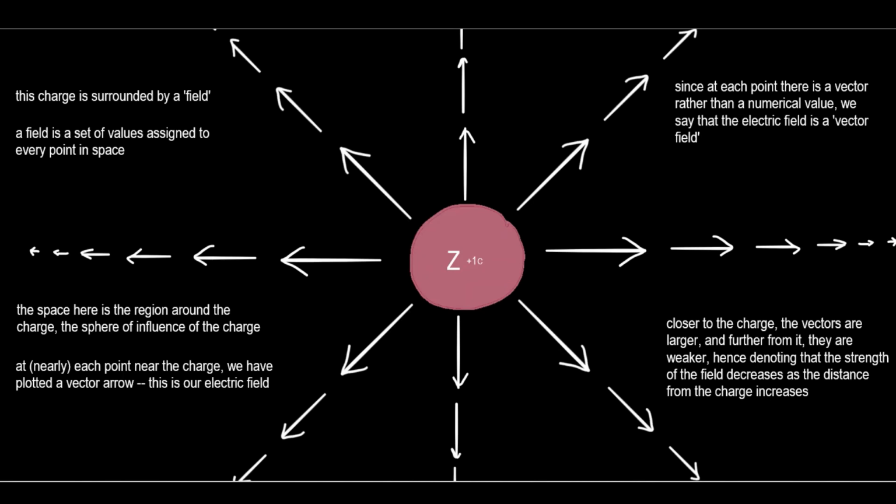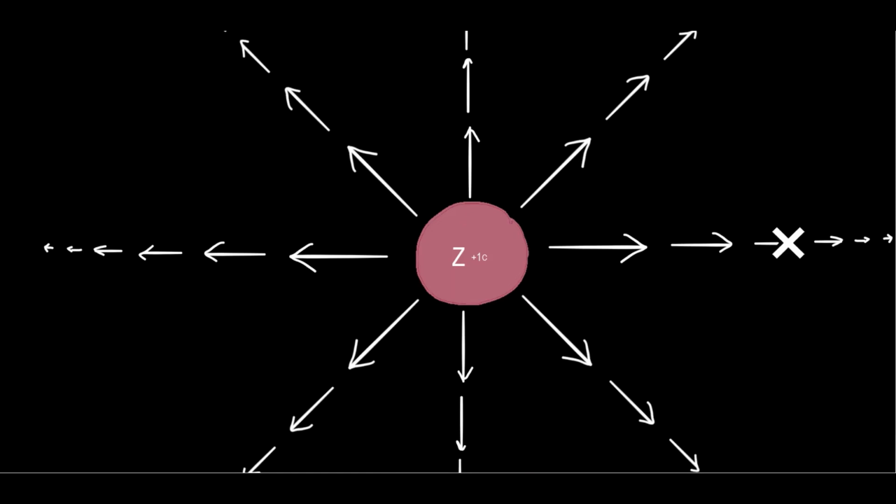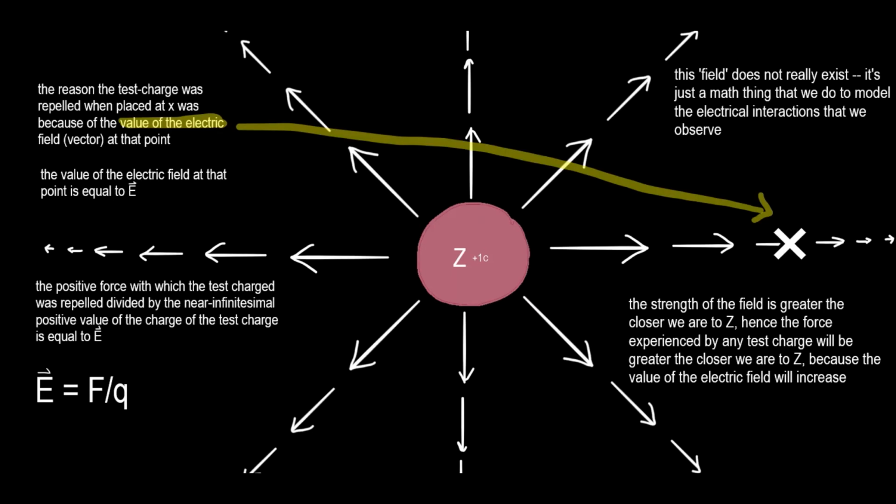However, if we bring in a small test charge with an infinitesimal positive charge, one that cannot really affect our original Z, and place it at this point X, we will see that the charge is pushed away because of the positive-positive repulsion. The electric field surrounding our original charge is what mediated that force.